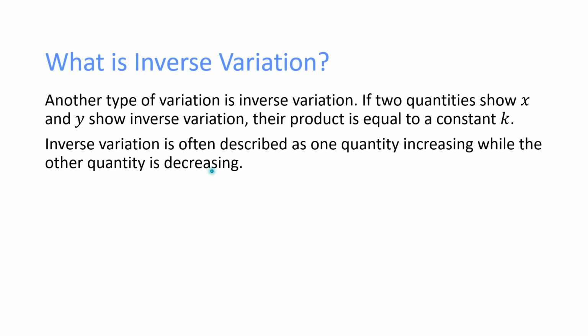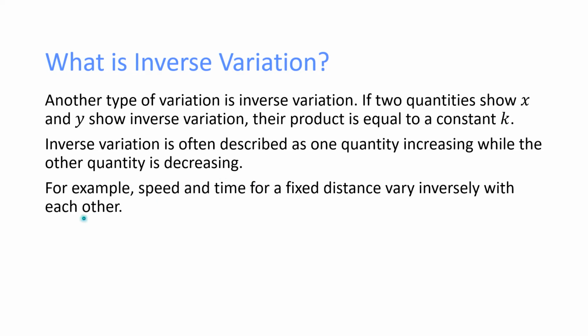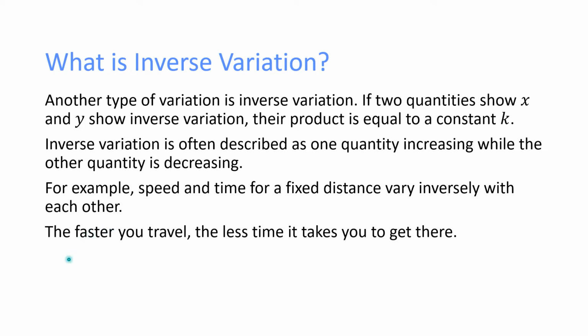Inverse variation is often described as one quantity increasing while the other quantity is decreasing. For example, speed and time for a fixed distance vary inversely with each other. The faster you travel, the less time it takes to get you there.